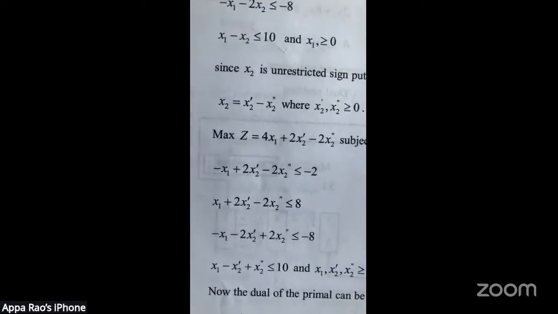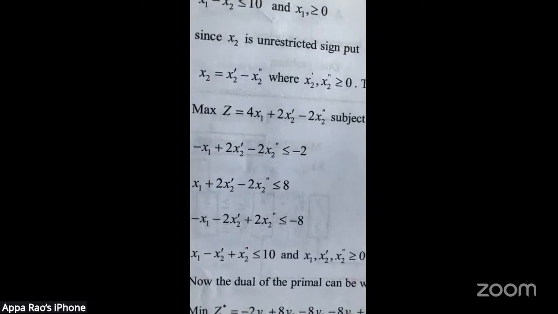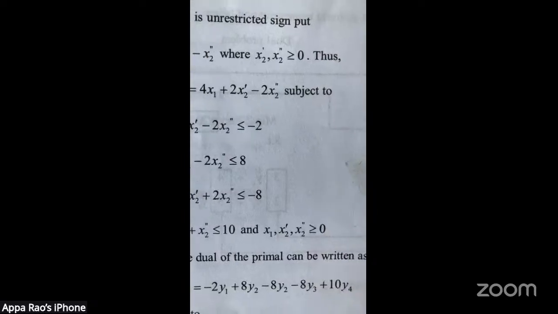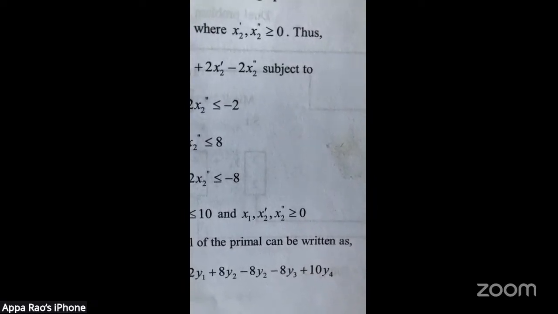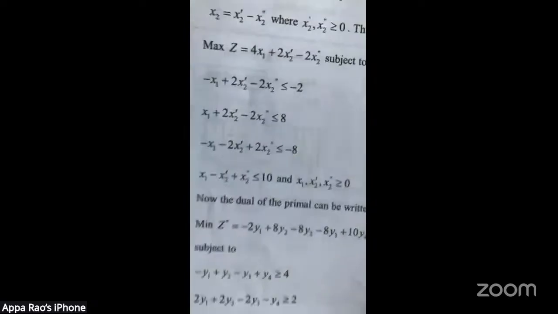Since x2 is unrestricted in sign, put x2 equal to x2 dash minus x2 double dash, where x2 dash, x2 double dash are greater than or equal to 0.